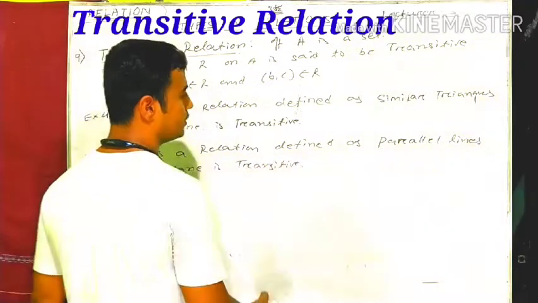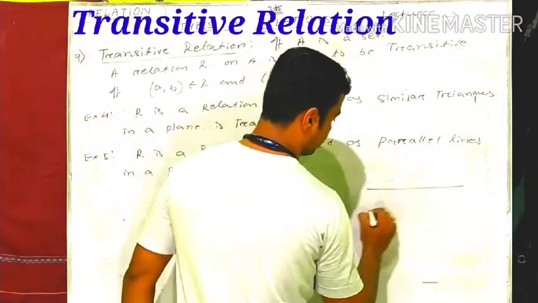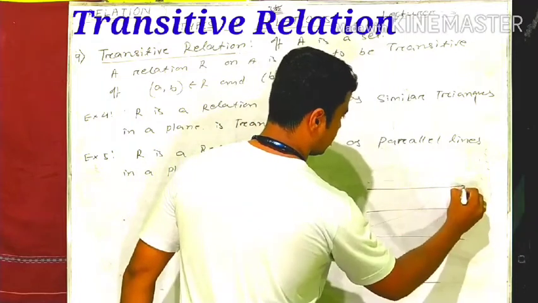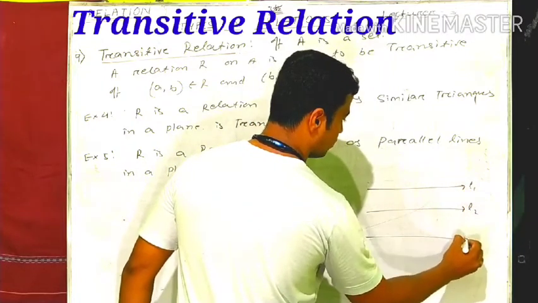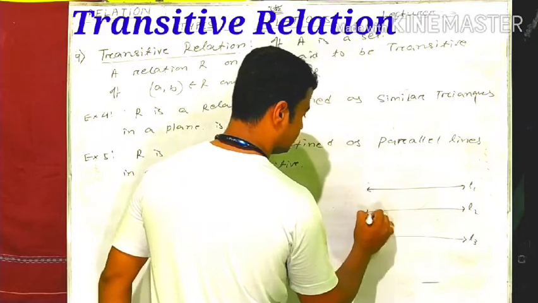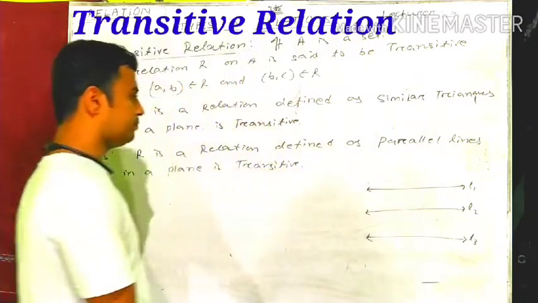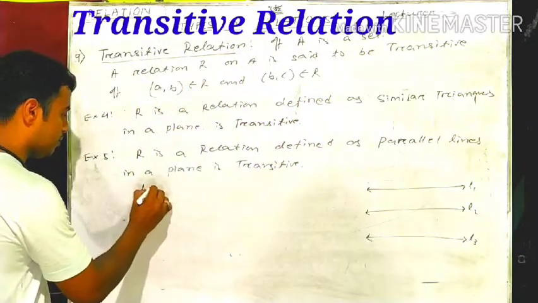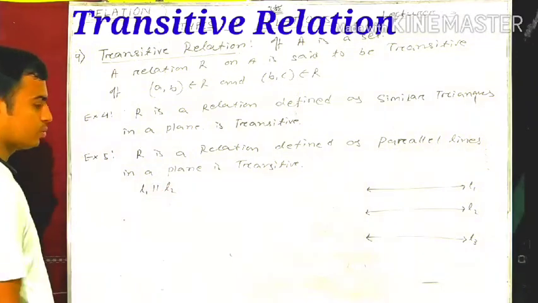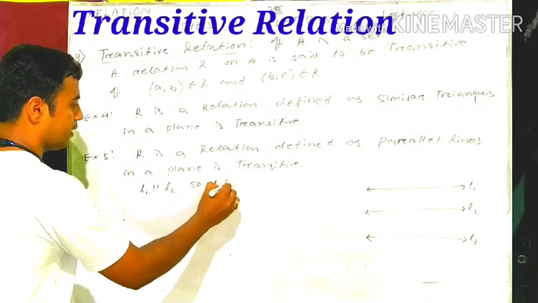Here we take three lines L1, L2 and L3. L1 is parallel to L2, so L1 is related to L2.